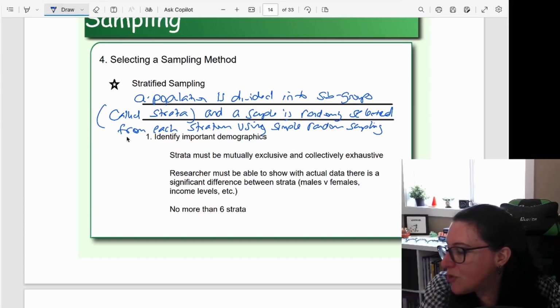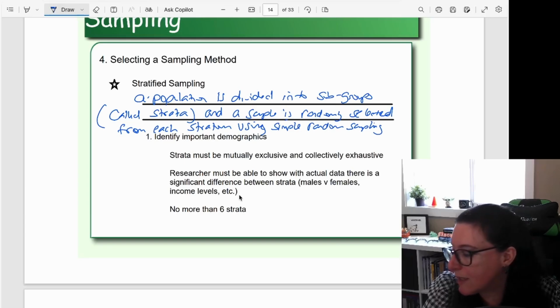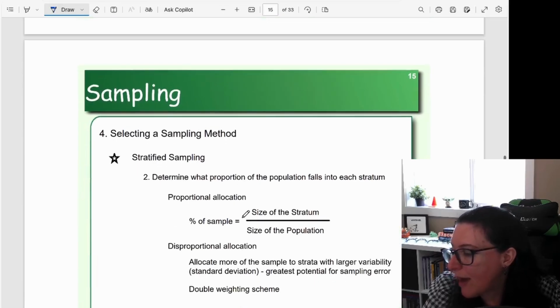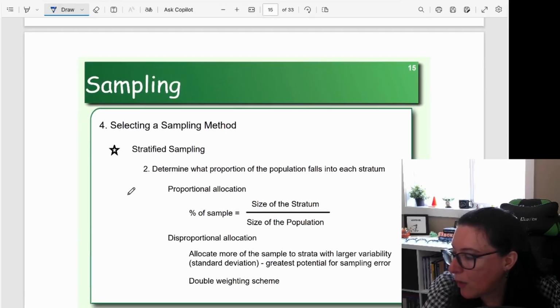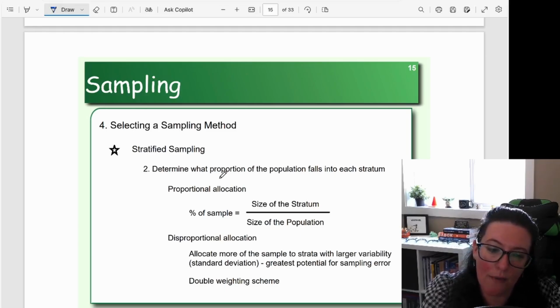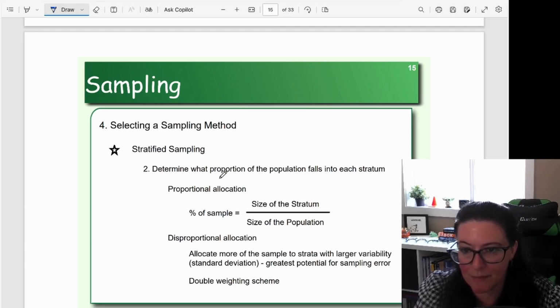Okay. So stratified sampling, we use this where we want to make sure there's representation in our sample of key characteristics from our population. With stratified sampling, we want to look at what portion of the population falls into each of the strata, and we want to then often make sure that that same proportion is represented.